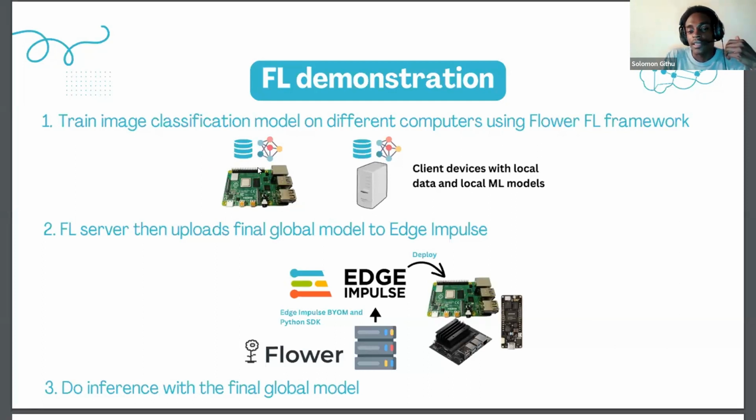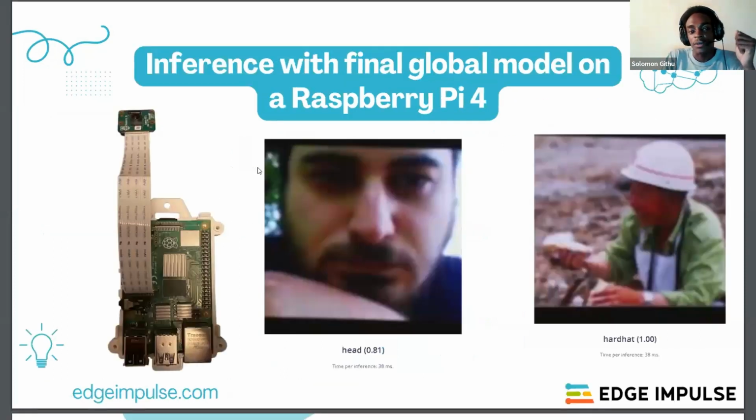But if we decide, let's say, we want to add a Jetson Nano to the construction site, we can easily use Edge Impulse, because Edge Impulse will store the final model, and we can then deploy this model to any device that can run it. So this is what we will do for this demonstration, and finally we will run the model locally on the Raspberry Pi using Edge Impulse.